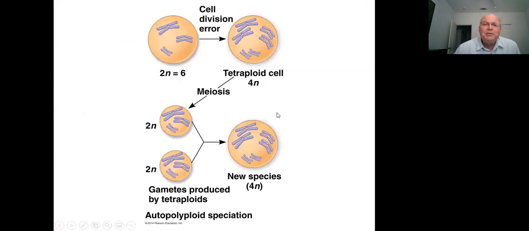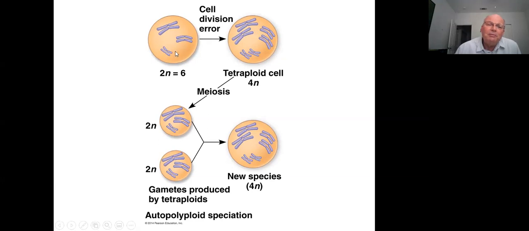So the first situation is referred to as autopolyploidy. This occurs within a single species or individuals within a single species, and it is very common in plants. We know that this happens. We've seen it happen in the laboratory, and we can identify it in nature. So you have the non-disjunction event, which gives rise to tetraploid cells.